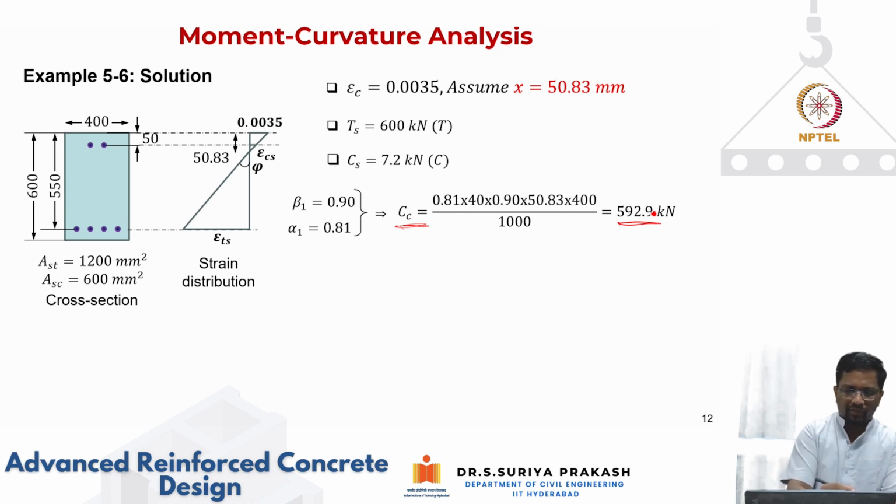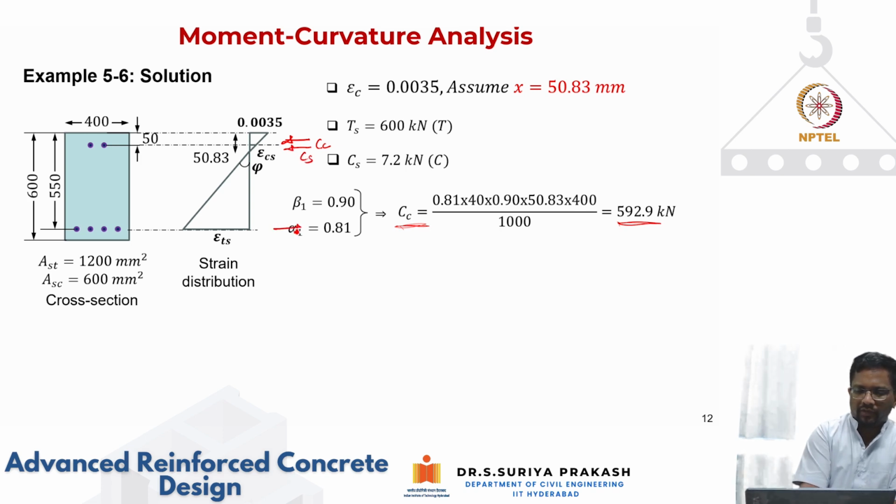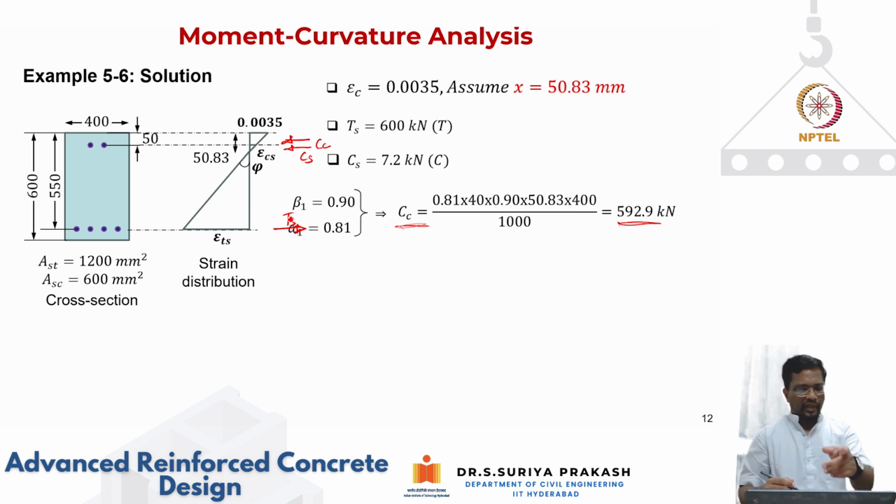Now, what is the equilibrium condition? Again, you see here, my CC is acting this way. Sorry, I should put CC acting this way, and then you have CS acting like this, and then you have TS acting like this. Now I can take moment about any of these points.